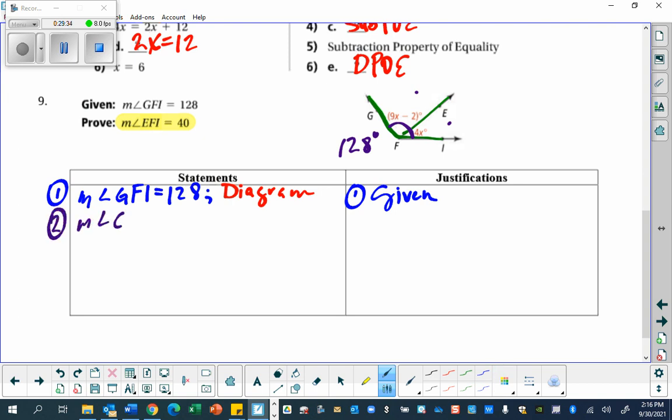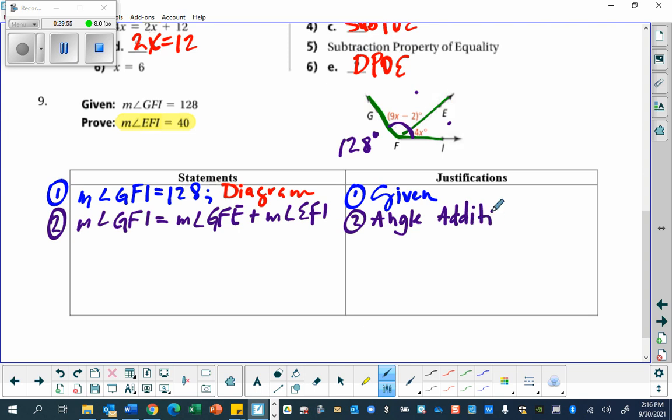Number 2 is like the angle of the. So then it would be the sub.